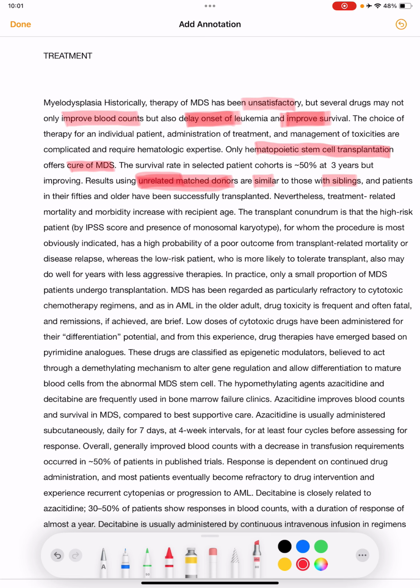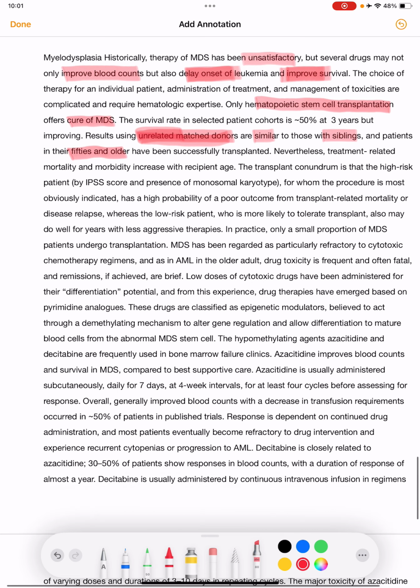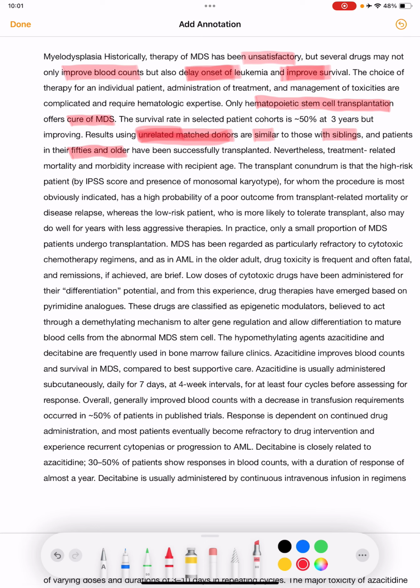And patients even in their 50s and older have also been successfully transplanted. Nevertheless, treatment related mortality and morbidity increase with recipient age.